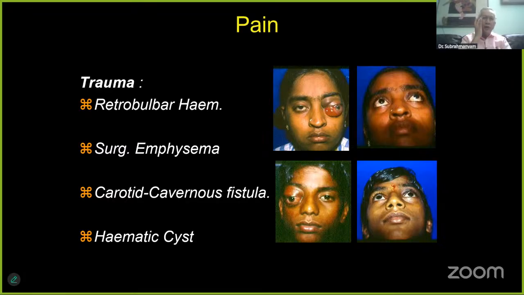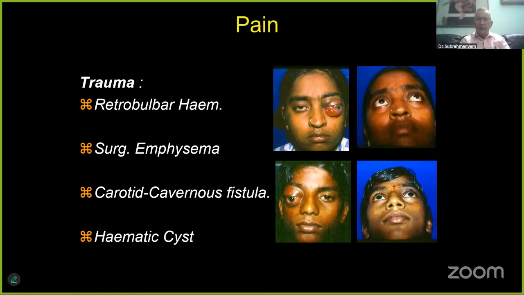Put a small cotton pad at the lateral orbitotomy incision, not in front of the eye, so that any further bleed is absorbed by the pad. After 2 or 3 days, you can close the orbitotomy. That is what you have to do.